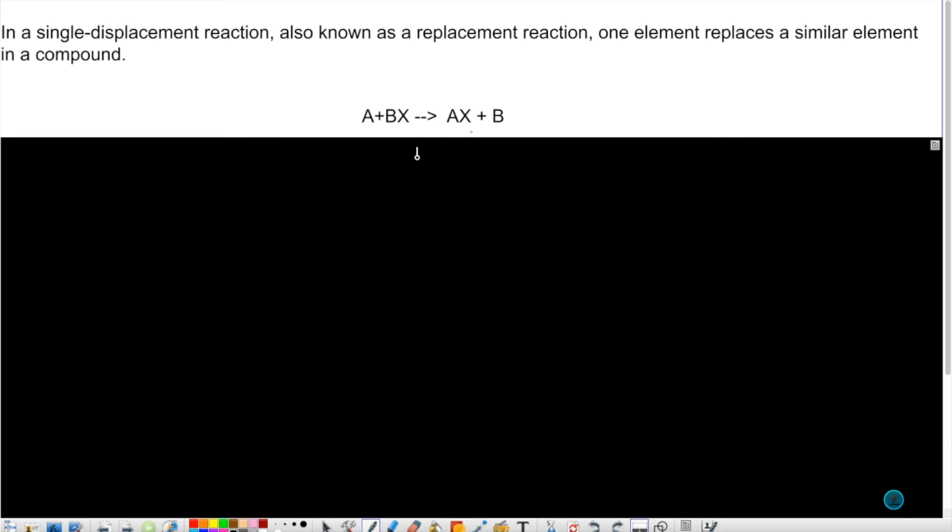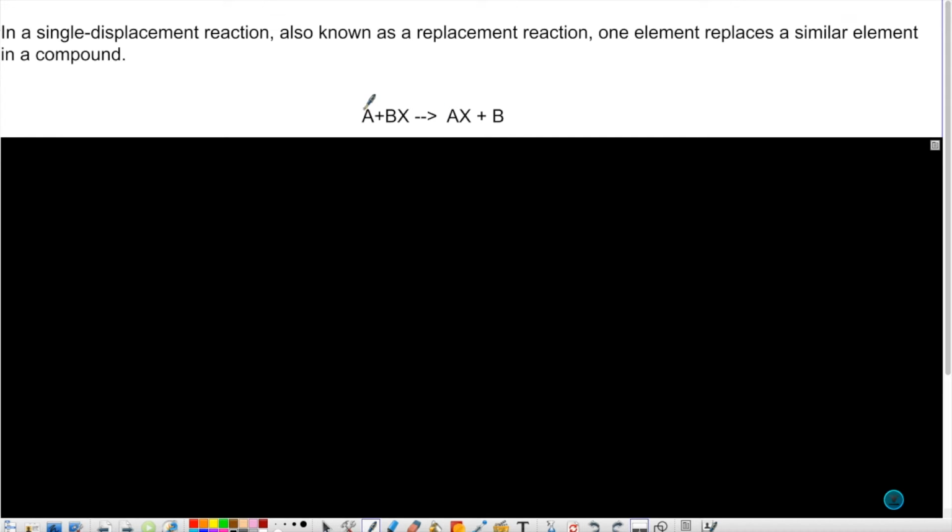So I want you to pause, write down in your notes what element is replacing what, and see if you can figure out what kind of elements we're talking about that's going to be doing the replacing. Okay, I'll give you a clue. BX is an ionic compound, all right? So is AX for that matter.